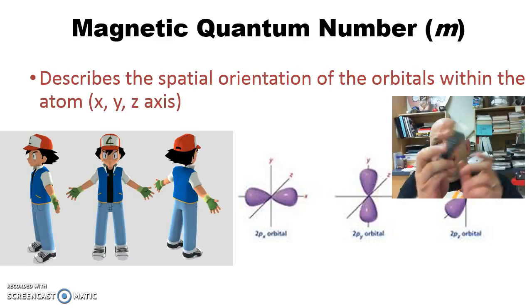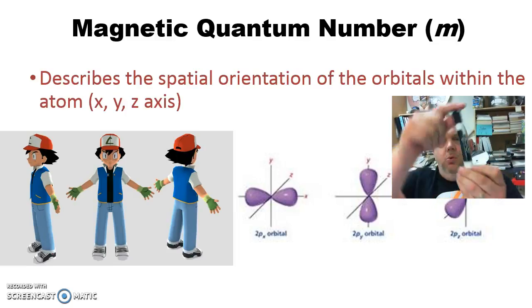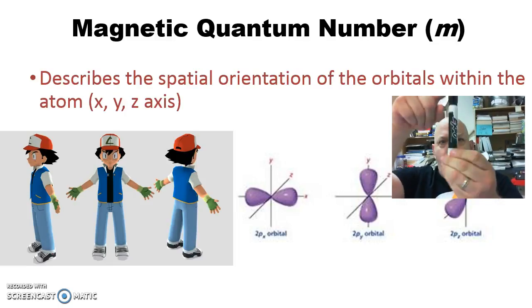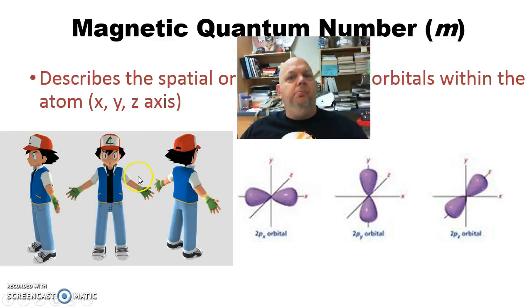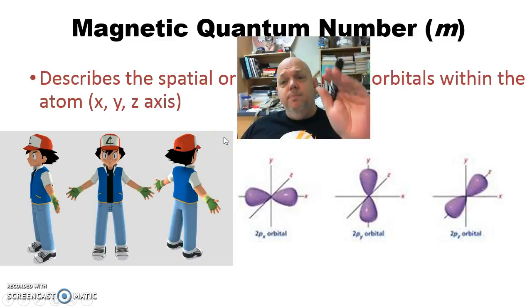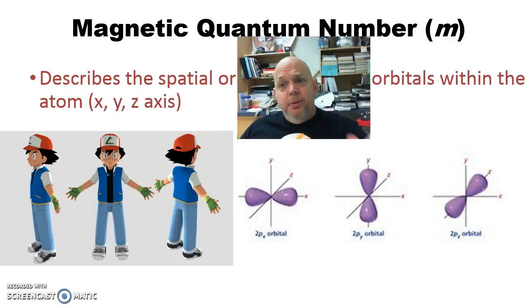Here's the x-axis, going across x, y, and z. So in our picture over here, you can see our hero Ash Ketchum from Pokemon fame. Same figure, spatial orientation different. He's in a different position. Just like our 2p in the x direction, 2p in the y direction, and 2p in the z direction.